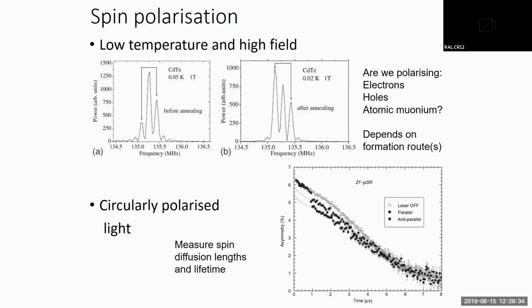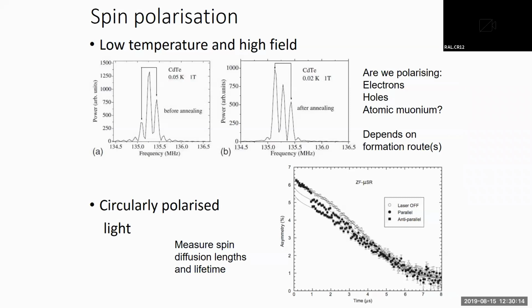And the other thing we can try to do to polarize the spins is to put circularly polarized light into a semiconductor sample and see if we can generate preferentially spin up electrons and spin down holes, or vice versa, which will then interact with the muon. Here we're applying the laser with the circular polarization either parallel or anti-parallel to the muon, and we see the two different effects here.